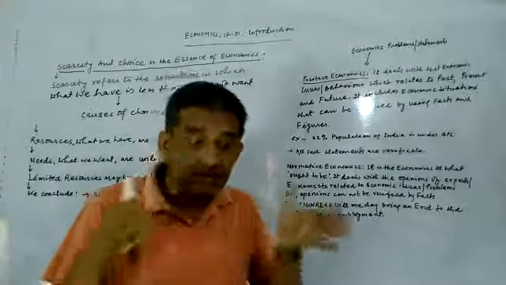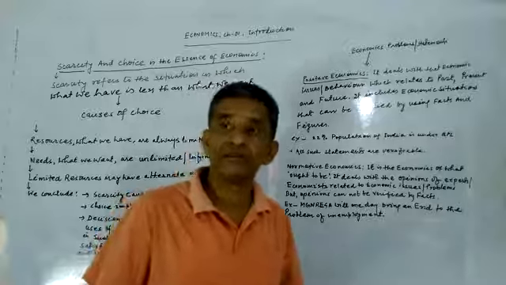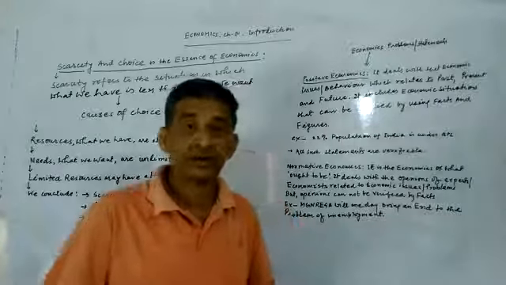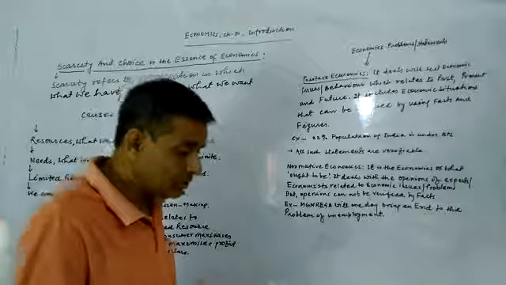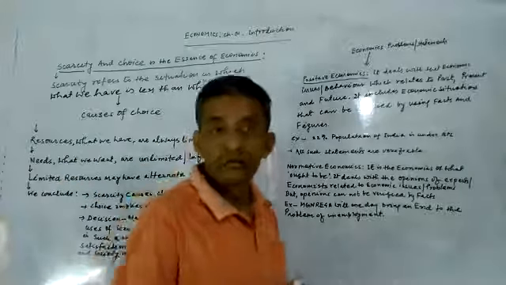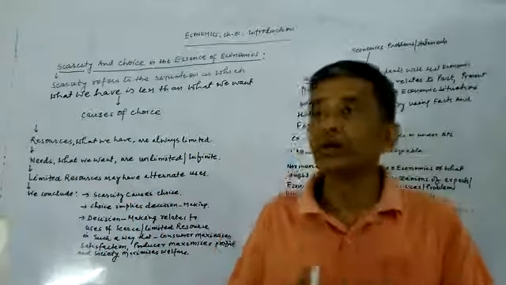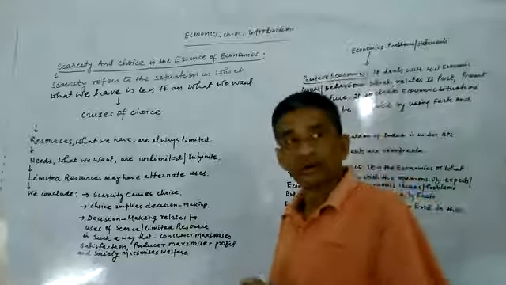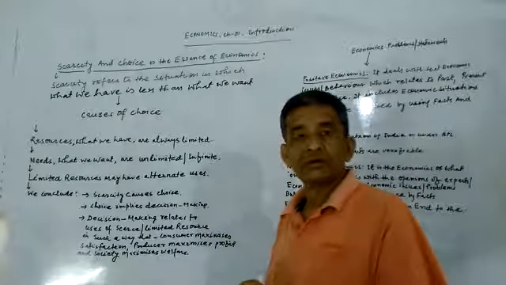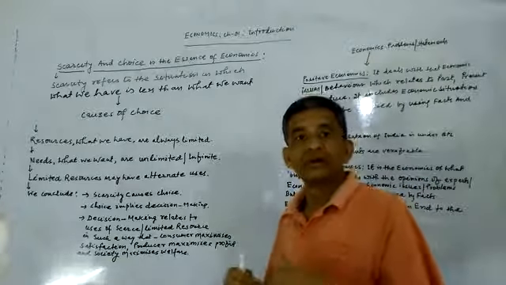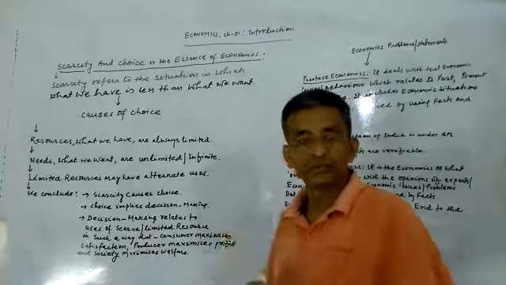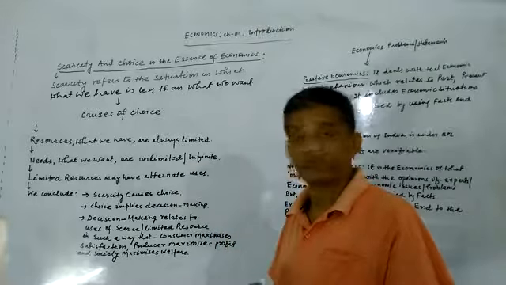Now, it is the subject matter of this subject, how we are able to tackle the need of 10,000 rupees in availability of only 5,000 rupees. That is called scarcity.